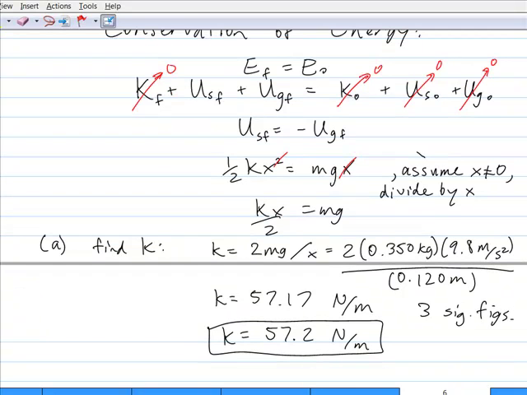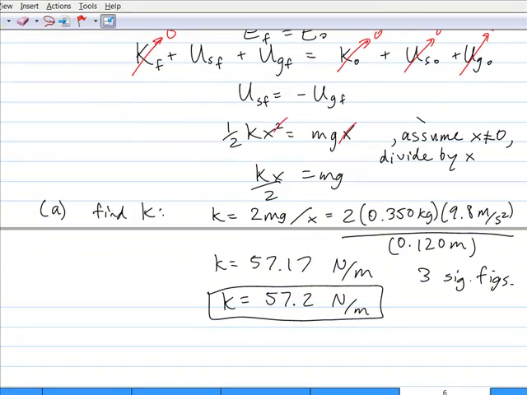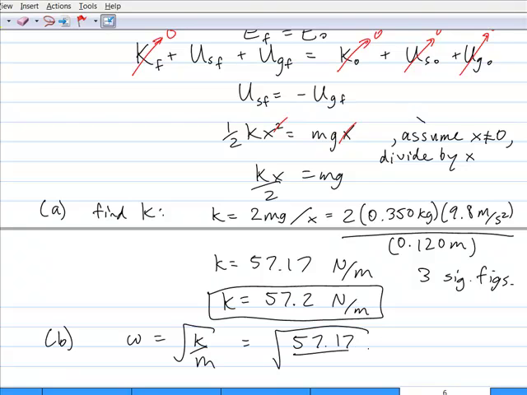And what else? Part B says find the angular frequency of the block's vibrations. So I'll just use, again, omega equals the square root of k over m. And we have all these numbers, so square root of, it's always best to use more significant figures when you're working these things out. 57.17 in SI units divided by the mass, which is the 0.350.